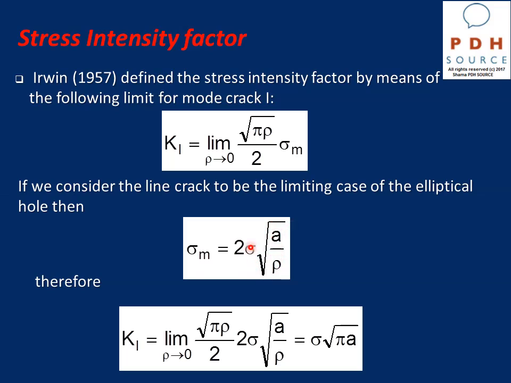If we take this, plug it into this equation, and consider that rho is equal to 0, we can very easily come up with this equation. K sub 1 is going to be equal to sigma multiplied by square root of pi multiplied by a.